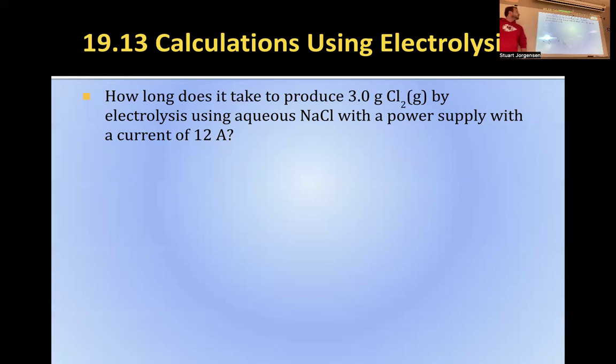What was your given here? We have 3.0 grams of chlorine. This is what we want to make. We're going to shoot a bunch of electricity in here and cause an oxidation reaction to occur. What's floating around in the beaker? We've got Na plus and Cl minus. What's the sodium going to do? It's going to gain an electron and turn into sodium metal.